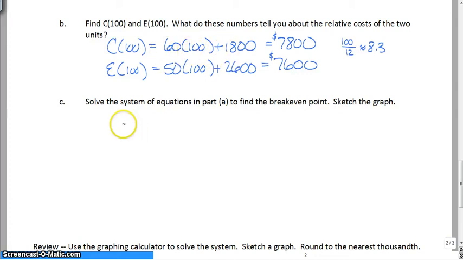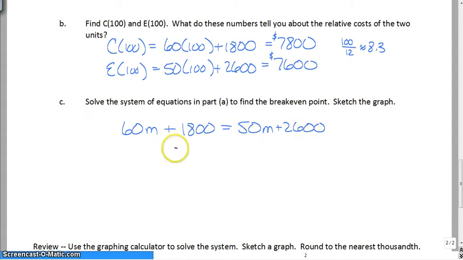This is an M. So we could just set 60M plus 1800 equal to 50M plus 2600, and just solve for M. That's going to give us 10M is equal to 800, divide by 10, and M is equal to 80. So it takes approximately 80 months for them to be even.